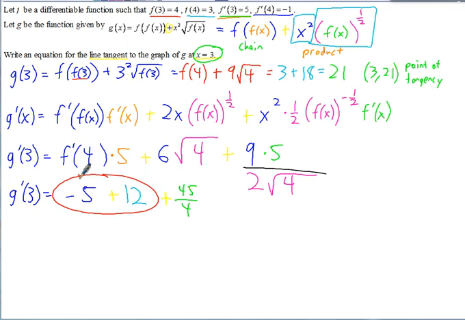Negative 5 plus 12 is 7. This is 45 fourths. So 7 is the same as 28 fourths plus 45 fourths gives you 73 fourths. So that's the slope of the tangent.